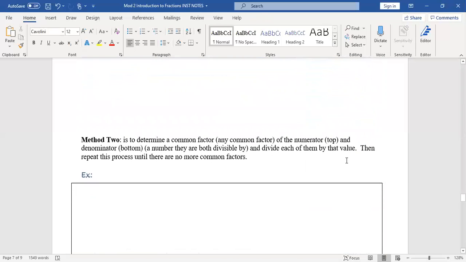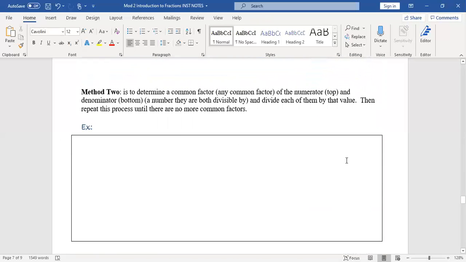The second method is to determine a common factor, any common factor, not just the biggest, but any number that can go into both the numerator and denominator, and divide each of them by that value. But then you have to repeat the process again and again until the numerator and denominator have no more common factors.